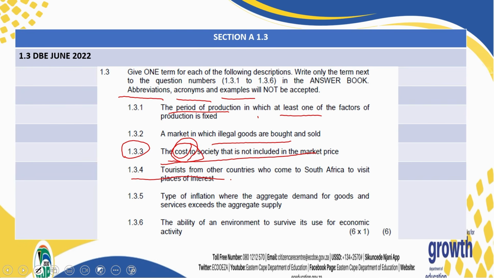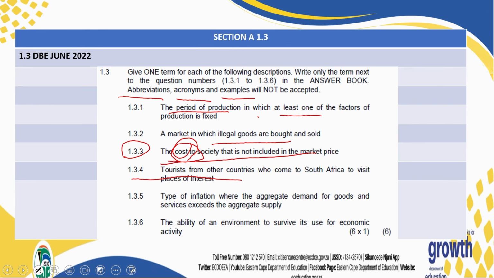Another one of interest is tourists who are from other countries who come to South Africa to visit places of interest. So if a tourist is coming from another country, they are coming into our country in. So it should be inbound tourist. There is a big confusion between the two.